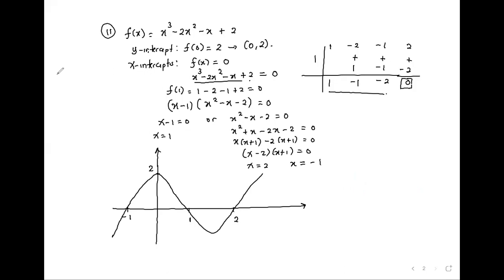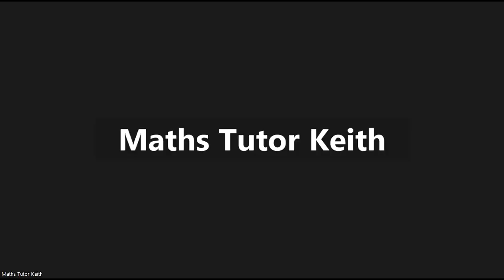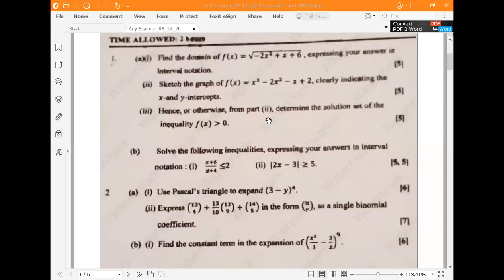So quickly, we go back and check what the next question was saying. It's saying, hence or otherwise, from part 2, determine the solution set of the inequality f of x is greater than 0. Another 3-5 marks there.